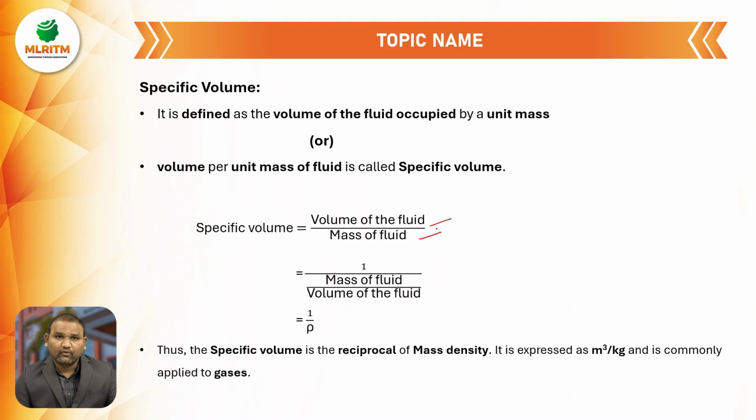That is equal to 1 by mass of fluid by volume of fluid, that is equal to 1 by rho. The specific volume is equal to 1 by rho. It is the reciprocal of mass density. It is expressed as meter cube per kg and is commonly applied to gases.